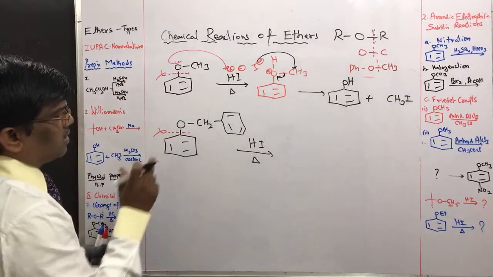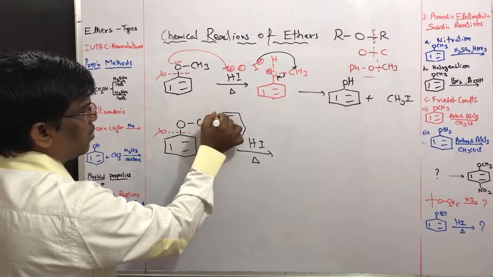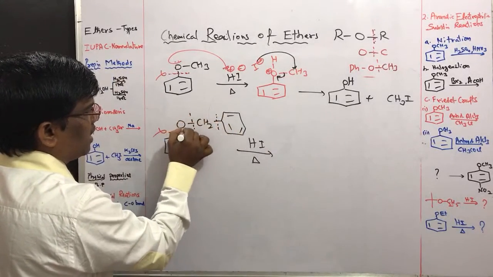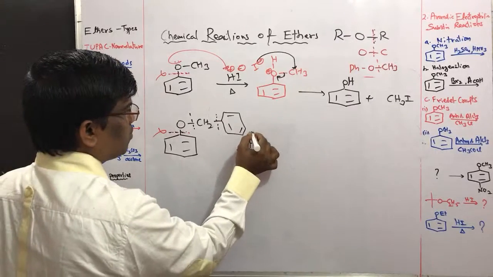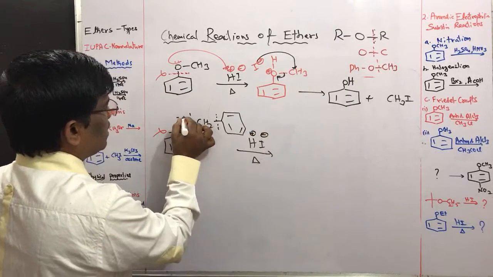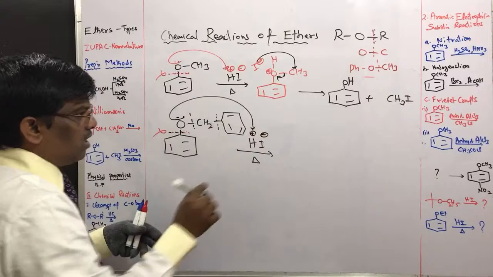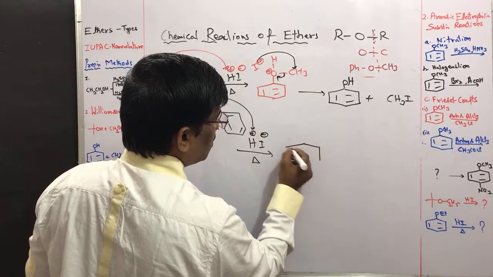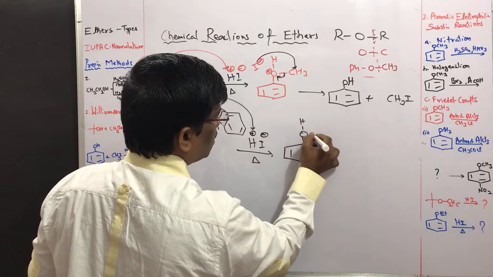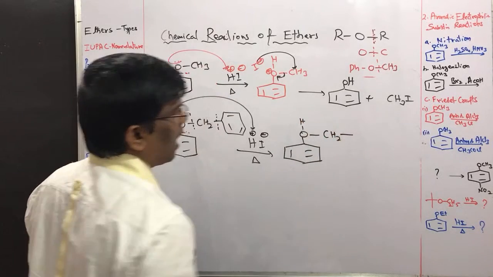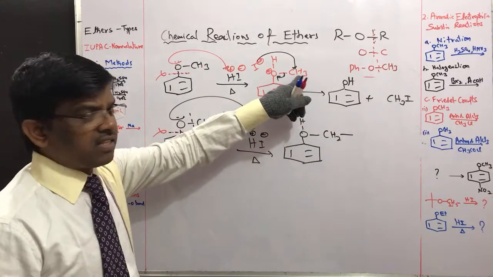When it comes to this, is it going to break here, here or here? What is your choice? It is very simple, students. It is positive and negative. Let's just protonate this oxygen to give this intermediate, O, hydrogen and CH2. In this example, it is CH3.